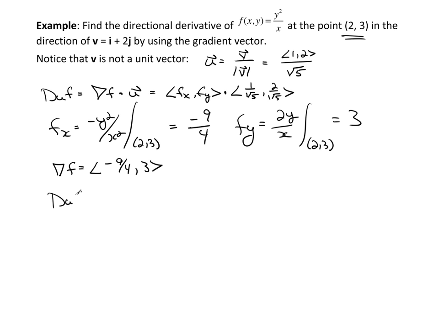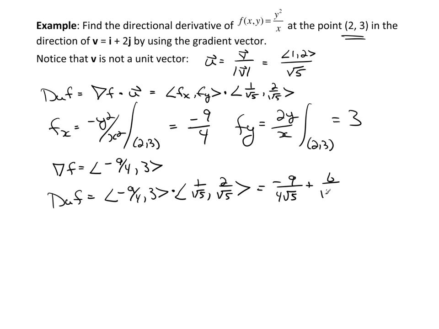Well, the directional derivative is going to be (negative 9/4, 3) dot (1 over root 5, 2 over root 5), which is negative 9 over 4 root 5 plus 6 over root 5.